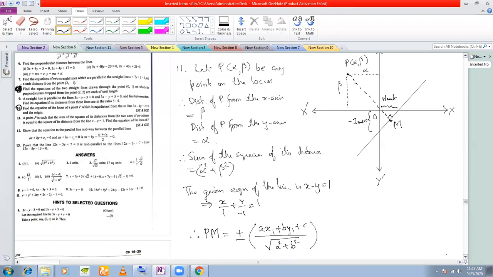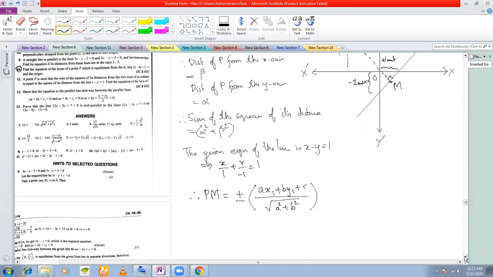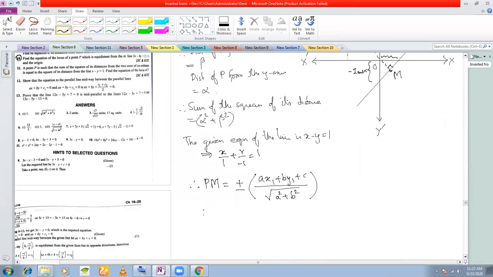Here A is 1 and B is minus 1, and if you write this equation in the form x minus y minus 1 equal to 0, C will be minus 1, and x1, y1 will be alpha, beta.